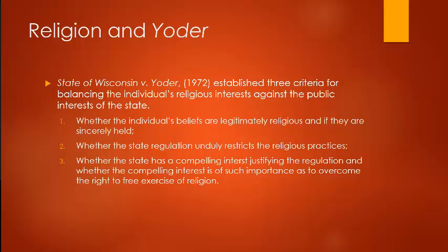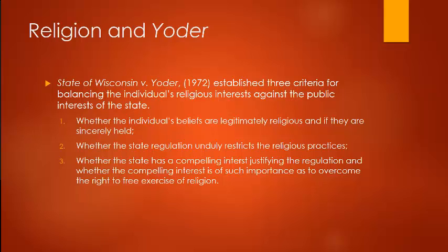So in the Yoder case, this is 1972, the court established 3 criteria for balancing an individual's religious interests against the public interests of the state. In other words, again, it's all about a balancing act. Where does the rights of a person to have an individual religion conflict with the public interest of the state?